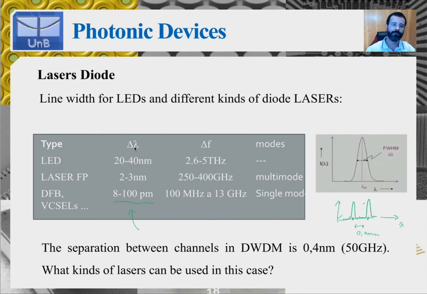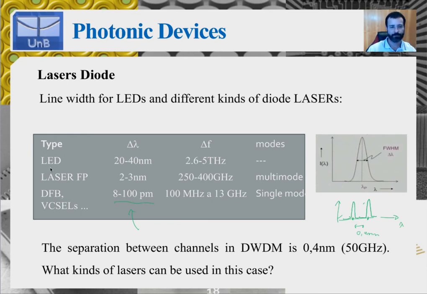So certainly if signals are transmitted over a carrier which has a broader line width, the dispersion is going to be much greater. So in this respect as well, it's more desirable to use more sophisticated lasers with smaller line widths.